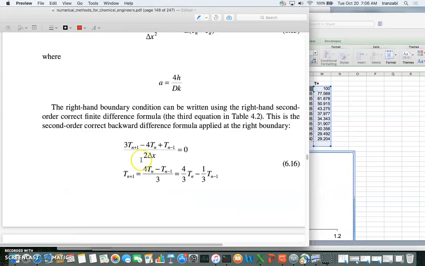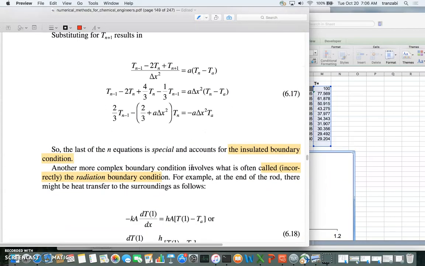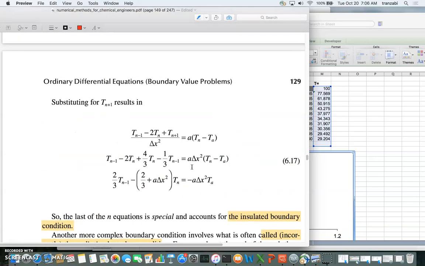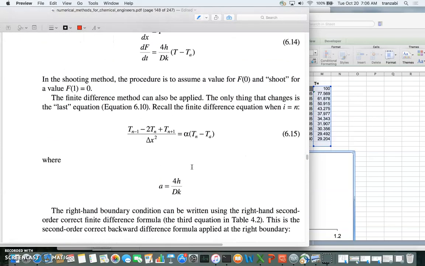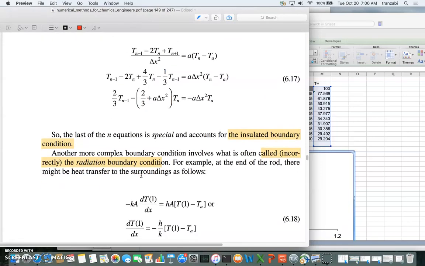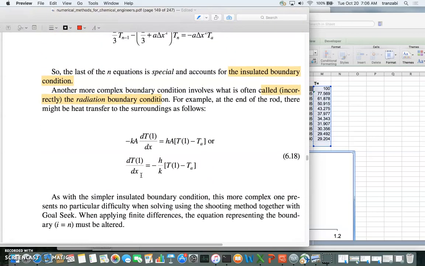We can do more complex problems. Like in the textbook, it talks about another type of boundary condition, something like this. We can have an equation like this or this. Actually, these are the same.